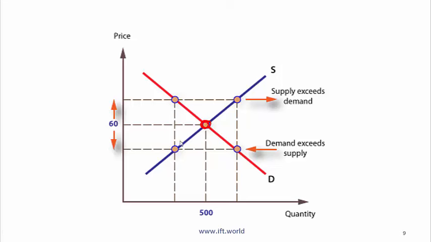This is the equilibrium point, and this is a situation where supply exceeds demand, so there will be downward pressure. Here we have demand exceeding supply, so the pressure will be like this. But this would be an example of stable equilibrium, where if we move away from equilibrium, market forces will push the market back to equilibrium.